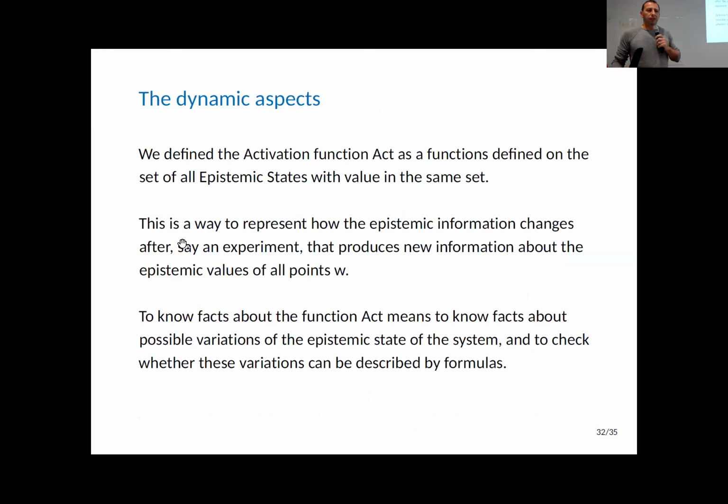This is a way to represent how epistemic information changes dynamically. This may be due to some changes of the internal system, or it may also be some new epistemic information based on experiments, which will produce some new information about the points of W. And to know facts about this function means to know the facts about the possible variations of this epistemic state of the system.